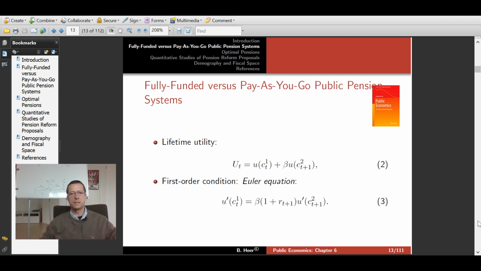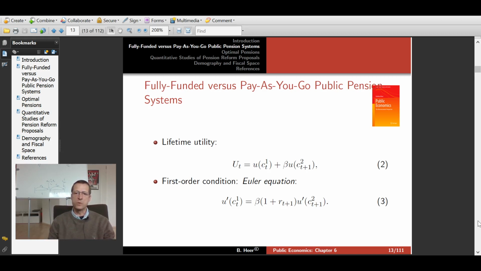We still have finite lifetime utility for beta larger than 1. And in this case, we do not have to make the assumption that beta is smaller than 1. And we learned in chapter 3 that from this we can derive the first order equation, our Euler equation.